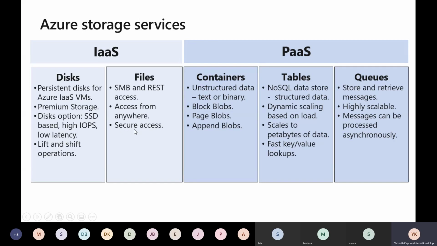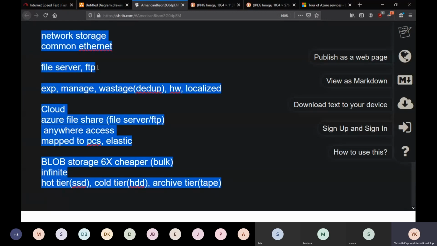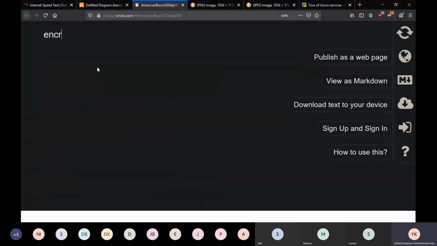Microsoft makes sure that access is secure and all the data is protected. In this case, we use two terms for secure access. Have you heard of encryption? Everybody must have heard of encryption. What is encryption? Let's get into that for a second.